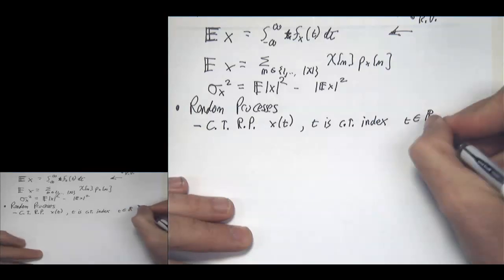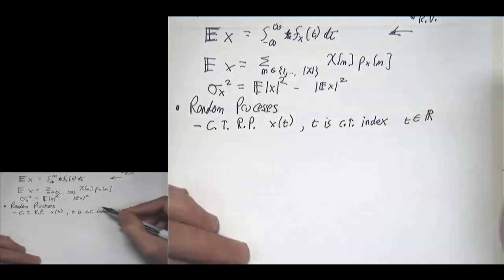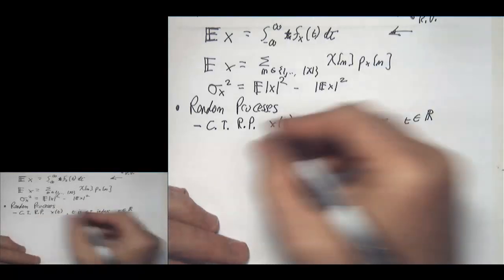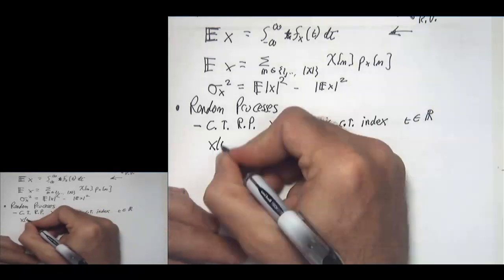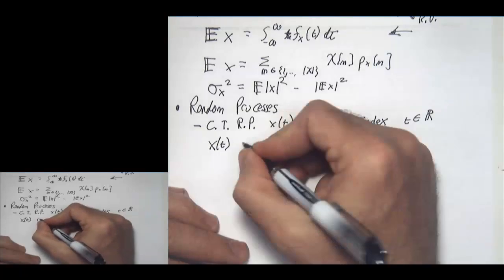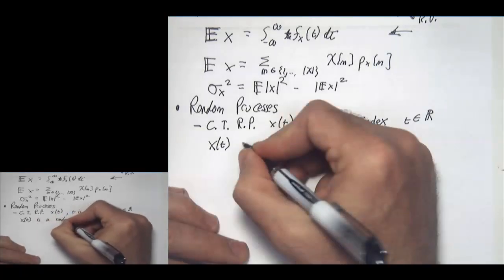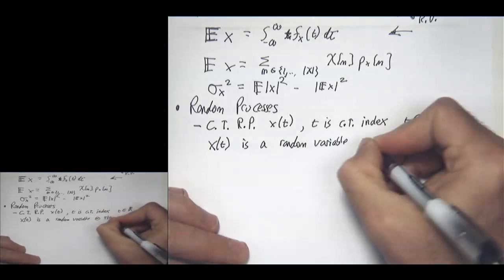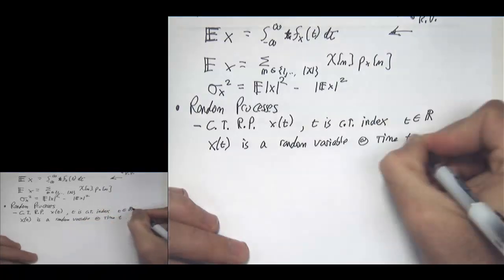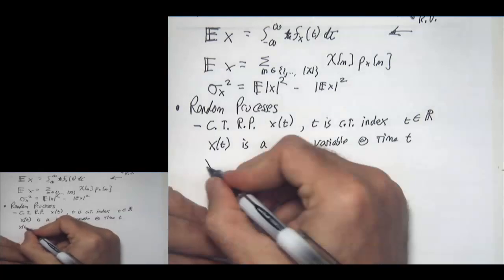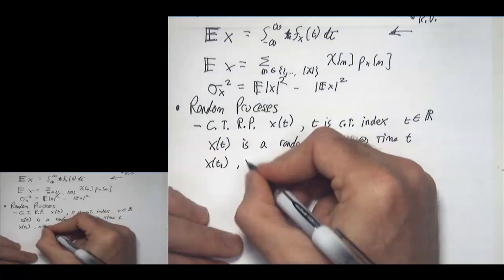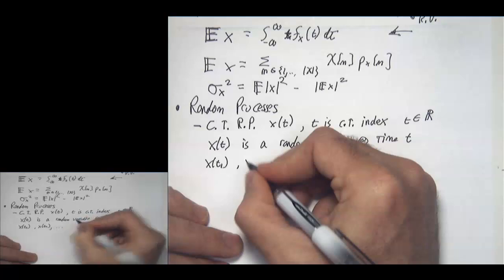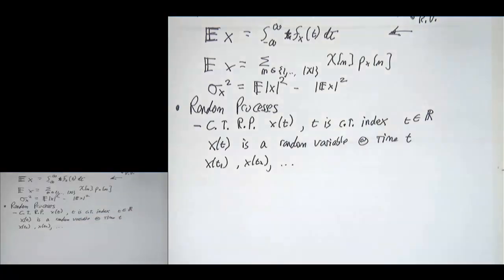I suppose it's possible to extend it to complex, but we don't do that. And then you can think of x of t as a random variable at time t. So x of t sub 1 is a random variable, x of t sub 2 is a random variable, etc. So we have an infinite continuum of random variables to play with. One of the reasons it's so exciting.